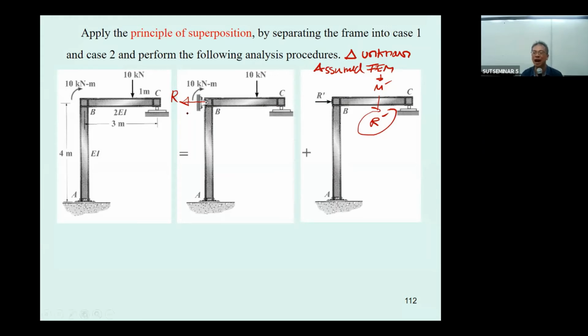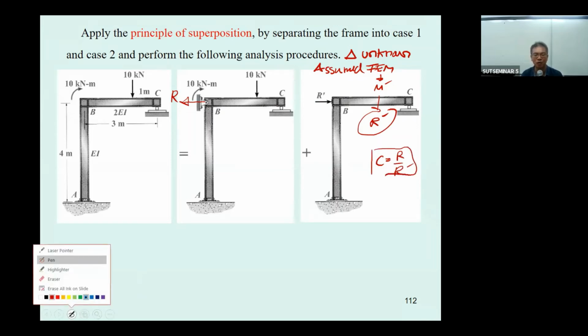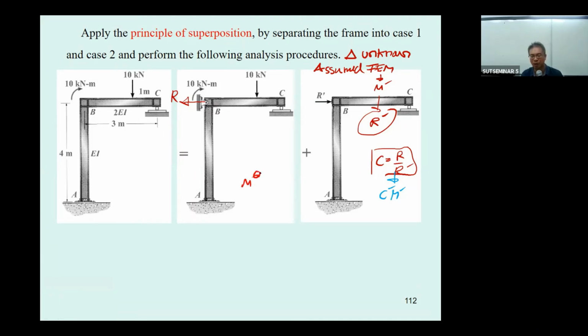That's why we have the correction factor, R divided by R prime. When you finish this, you do the modification, C times M prime, and then combine it with the M superscript 0 due to the applied load, and that is going to be equal to what we are looking for, the end moment of the frame here.